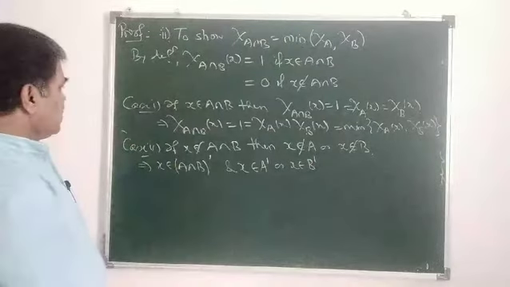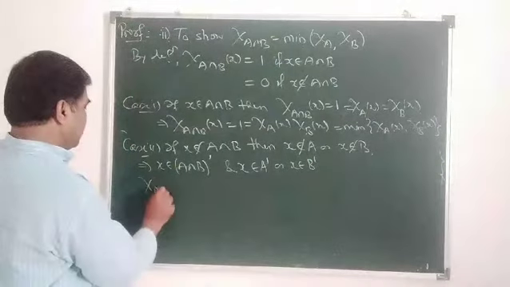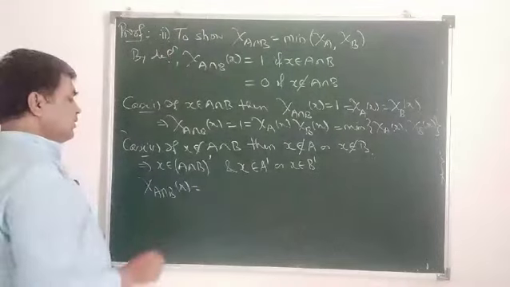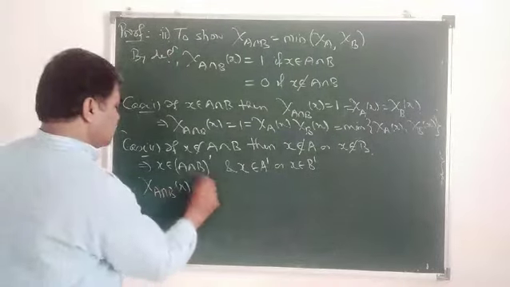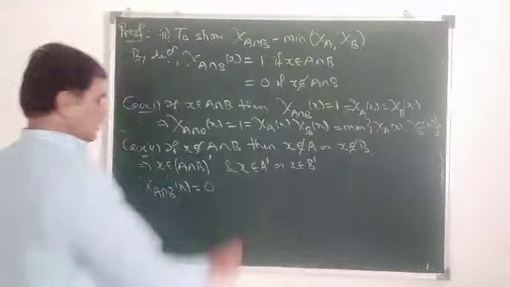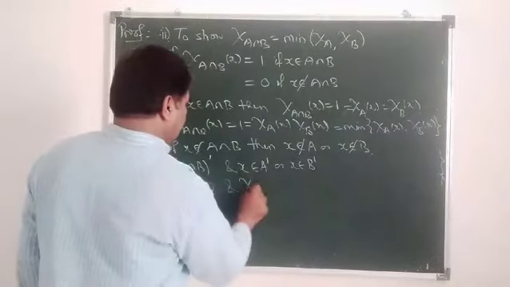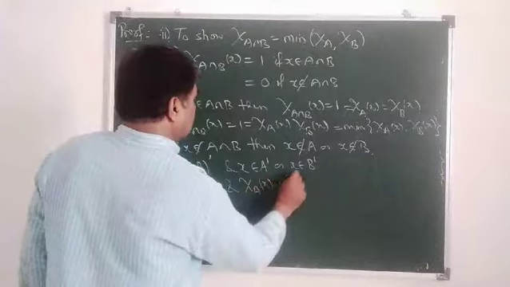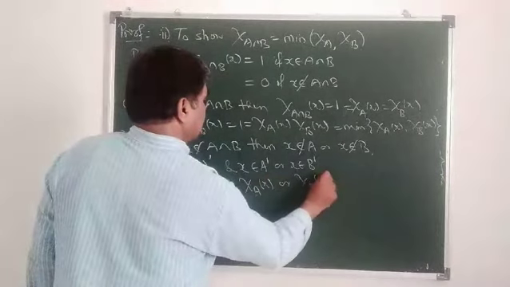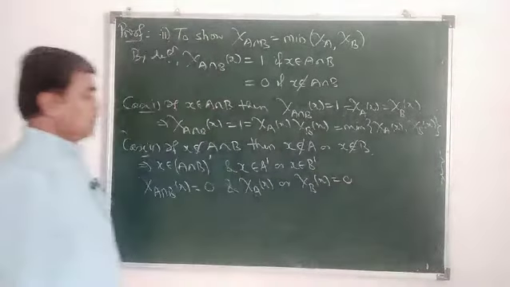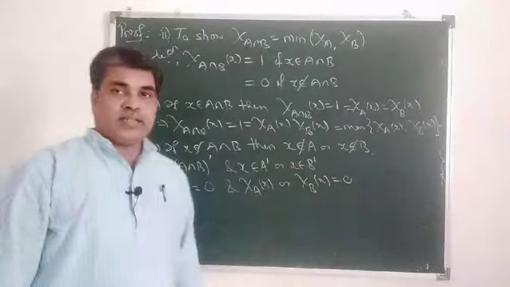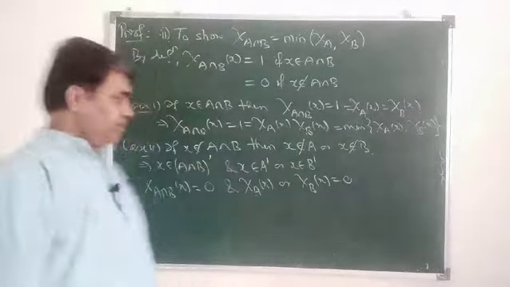In this case, psi A intersection B of x lies in A intersection B complement, so it is 0. And psi A of x or psi B of x is 0 because x lies in A complement or x lies in B complement.